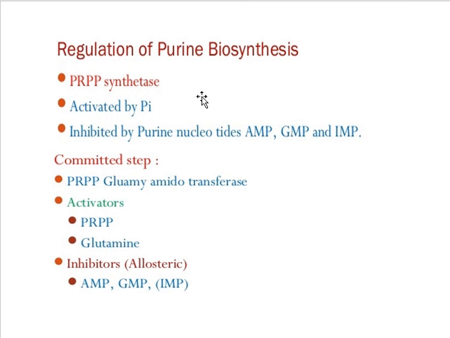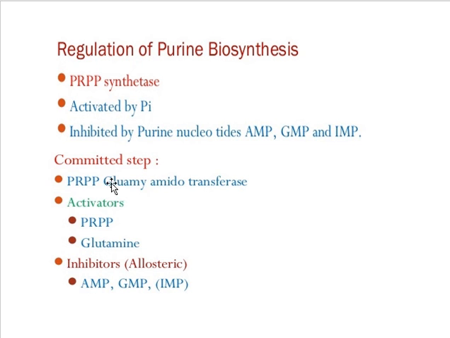Now this is the summary of the regulation of purine nucleotide biosynthesis. We briefly see that one enzyme is the PRPP synthase or PRPP synthetase. This enzyme is activated by inorganic phosphates and is inhibited by the purine nucleotides like AMP, GMP and IMP.